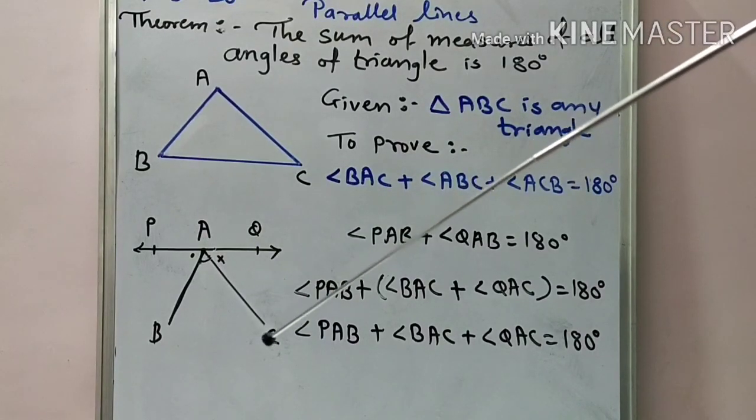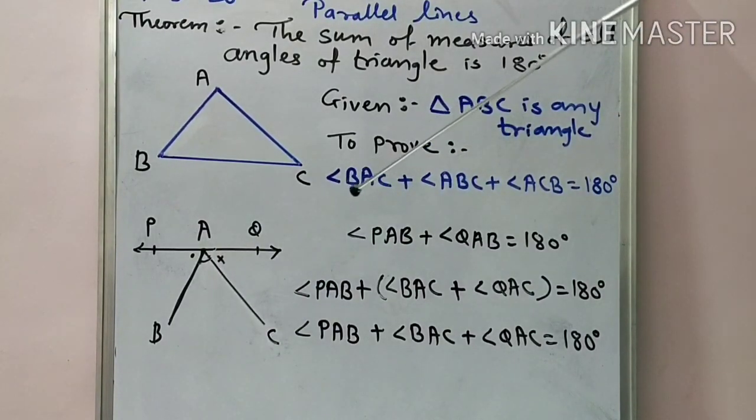Okay, but what you have to prove is that angle BAC plus angle ABC plus angle ACB is equal to 180. So angle BAC we get here.